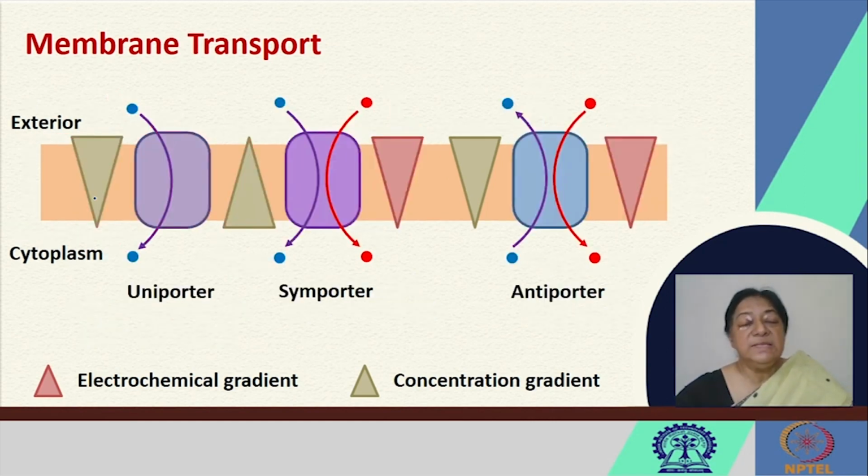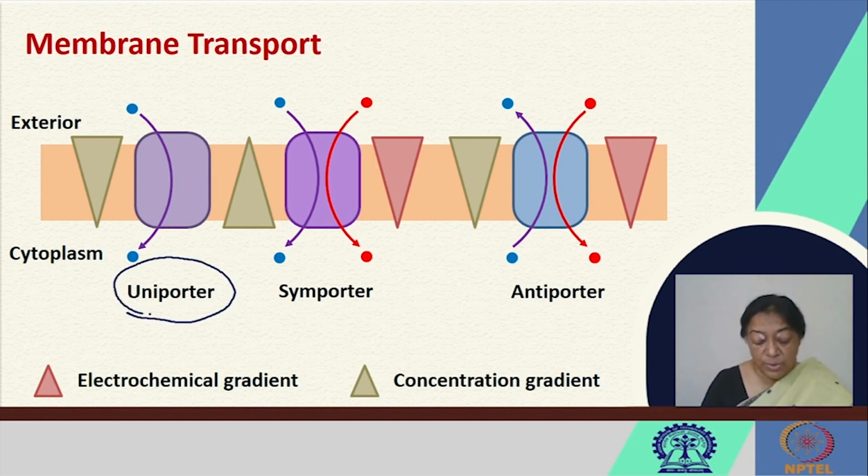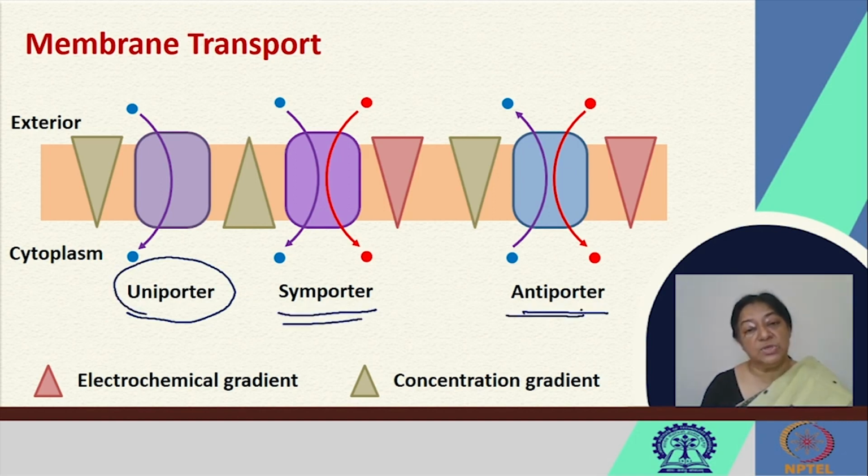When we look at these processes now, in the transport types, we can have a uniport, we can have a symport, or we can have an antiport. And depending on whether they work towards a favorable potential or against a potential, we would have them assisted by the ATP hydrolysis, which we will see in the subsequent slides.